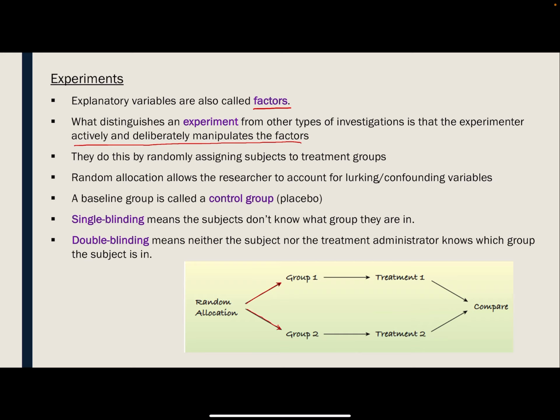Double blinding would mean that neither the subject getting the shot nor the person giving the shot knows which group they're in. Now, somebody still knows, right? It's still being tracked in a computer system somewhere, but the administrator of the treatment doesn't know which group the subject is in.